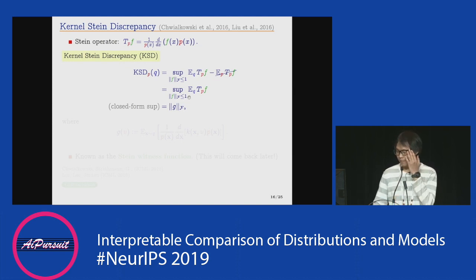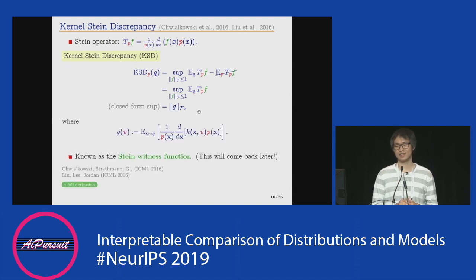This g has a name, it's called the Stein witness function. It's an analog of the MMD witness function that you saw earlier, but it depends on the Stein operator. It explicitly depends on the density p here. And we will make use of this later for interpretability.